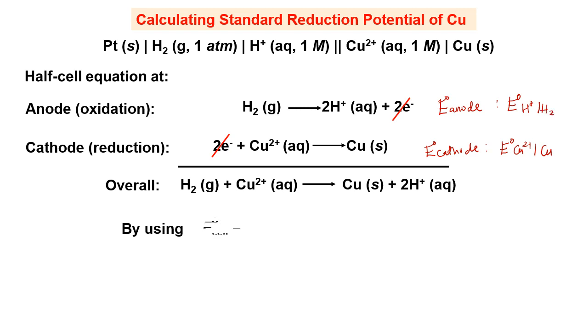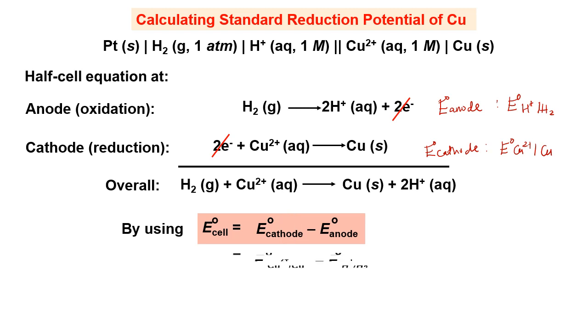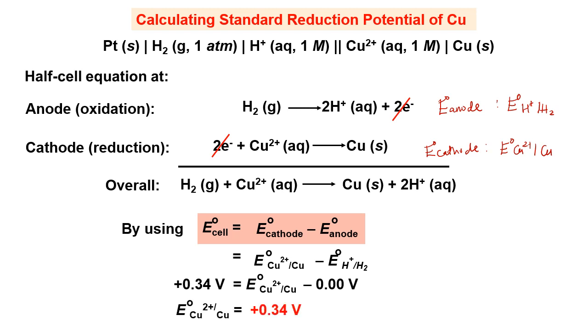Put all the values inside our equation: E naught cell equals E naught cathode minus E naught anode. You will get the standard reduction potential for the copper half cell to be positive 0.34. Do compare it inside your table. You will get the same value.